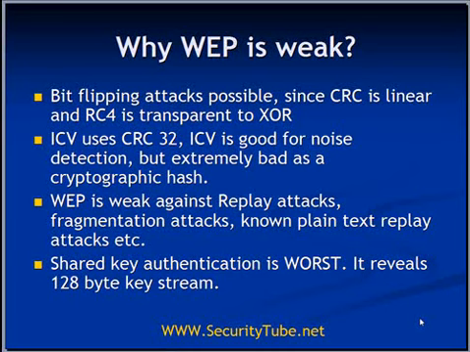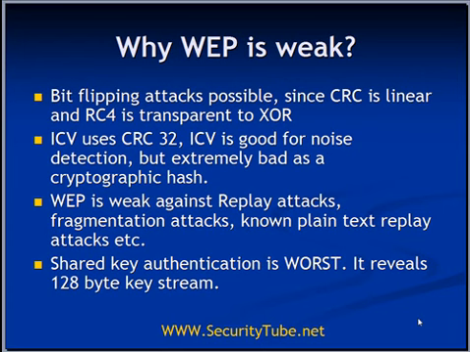Second is fragmentation attacks. Now with all these above attacks, if we know some part of the key stream for a particular initialization vector, it is very easy to find out the key stream for that initialization vector. So by some means, if we get a key stream for an initialization vector, then we can transmit any packet because there is a fragmentation method.